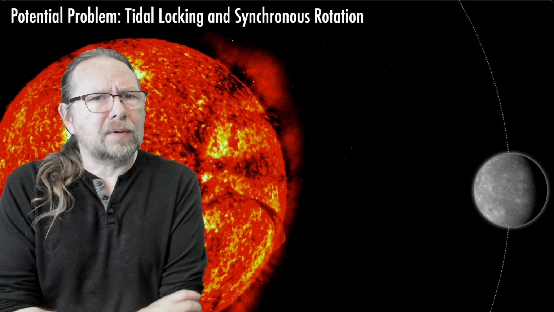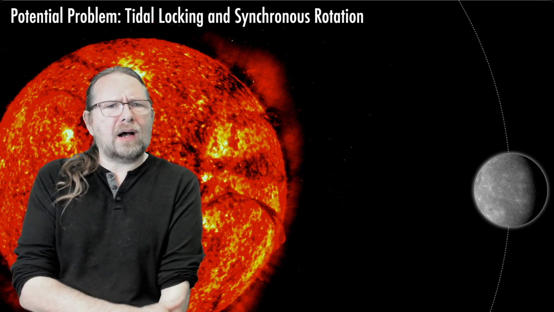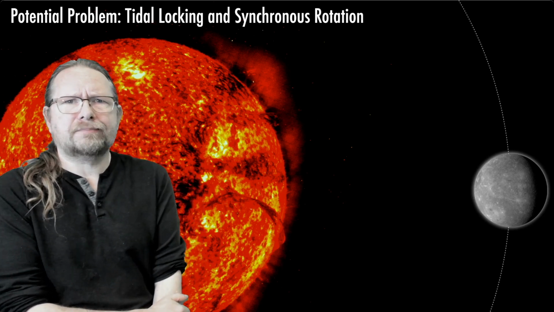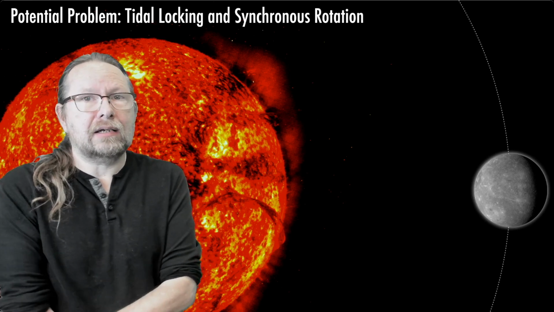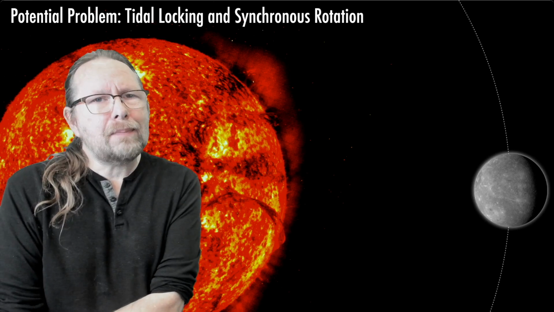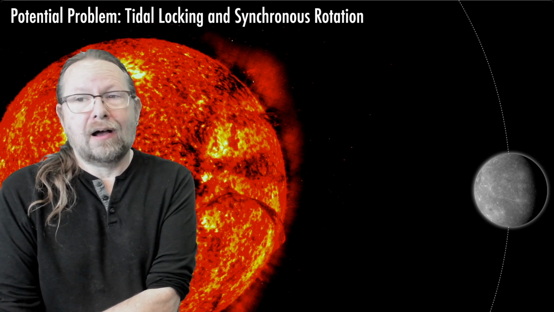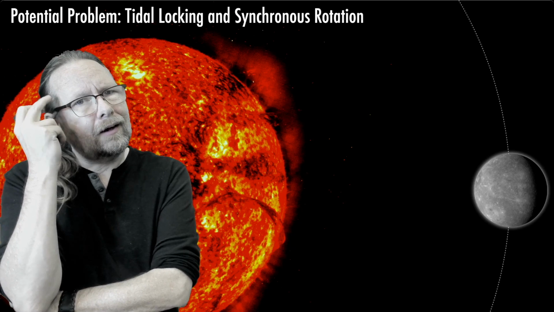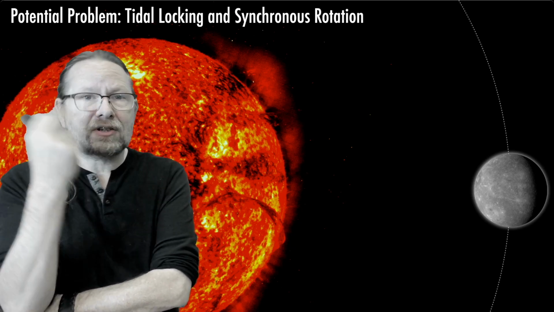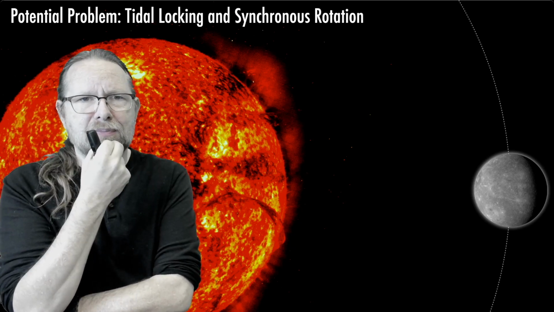The other problem, which is probably more common and more serious and more definite, has to do with tidal locking and synchronous rotation. Way back when we talked about Mercury, I said file away this tidal locking phenomenon in your brain, because it's going to come up again, and this is where it comes up again.